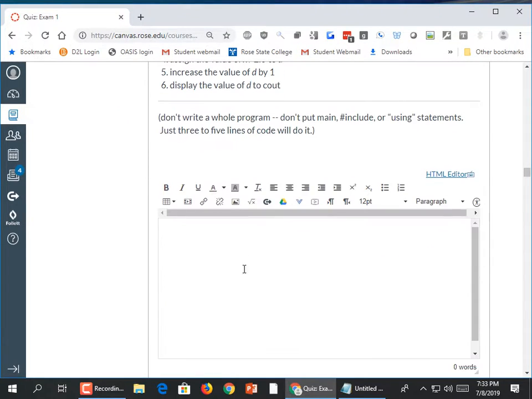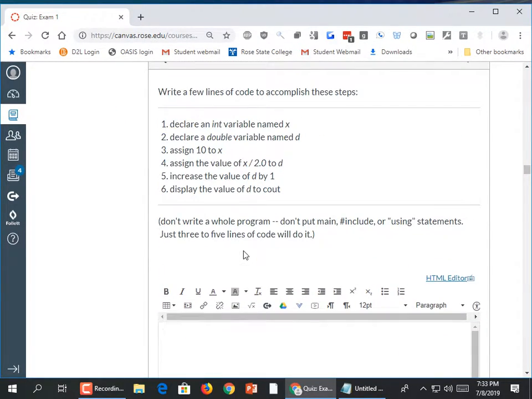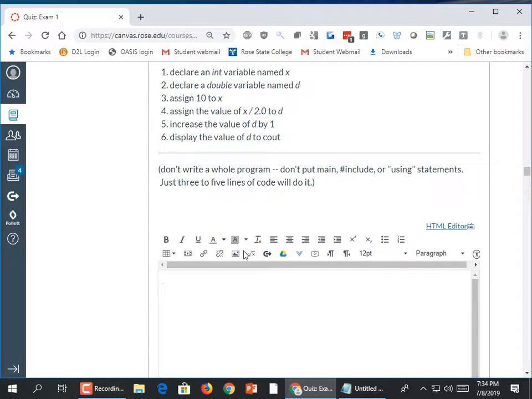Here's one that almost everybody got completely right. Now, don't say that to make somebody who missed it feel bad. It just means that I'm not going to cover it as well. But if you need me to cover it, let me know. Okay, so an int x, a double d, just going line by line, assign 10 to x, x equals 10.